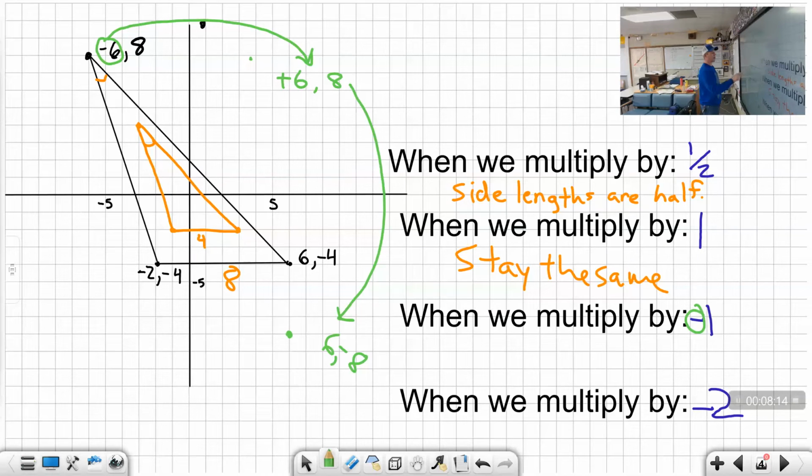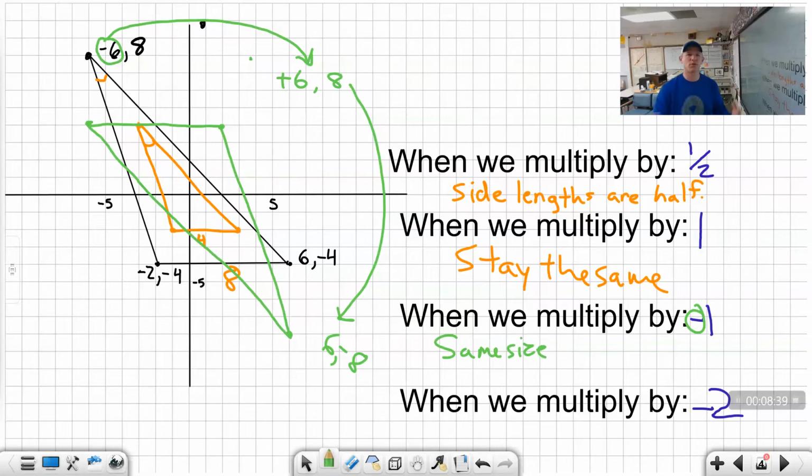So here's one coordinate. Here's my original right here. And 6, 4 right here. What happened to my triangle? Same shape, or same size, I should say.